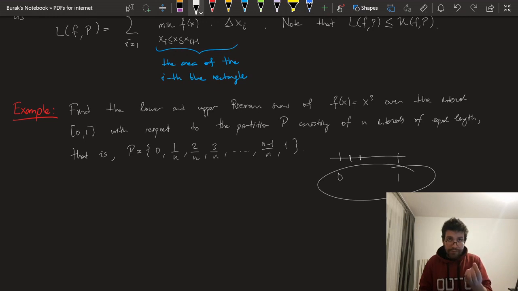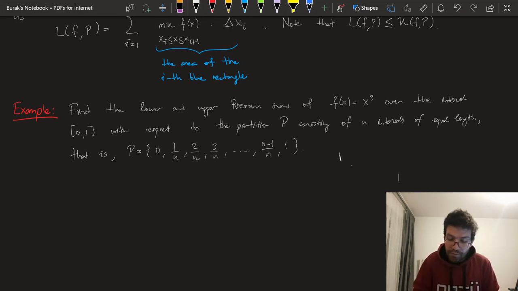There are going to be n of them with equal length, so each one of them will have length 1 over n. So the endpoints of the first one will be 0 and 1 over n, the second one 1 over n and 2 over n, and so on. Okay, so this is the partition I'm talking about.